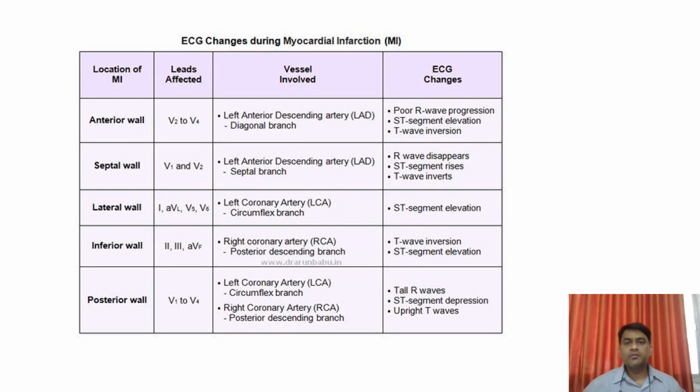Changes during myocardial infarction: where to look? If it is the anterior wall, the leads affected are V2 to V4. Vessels involved are the left anterior descending artery and the diagonal branch.